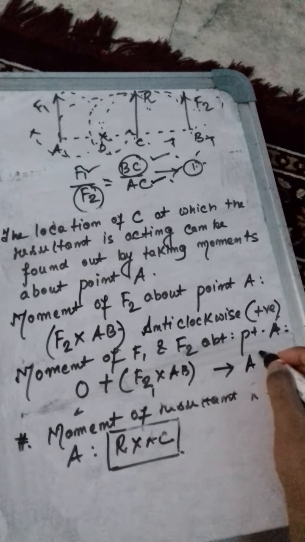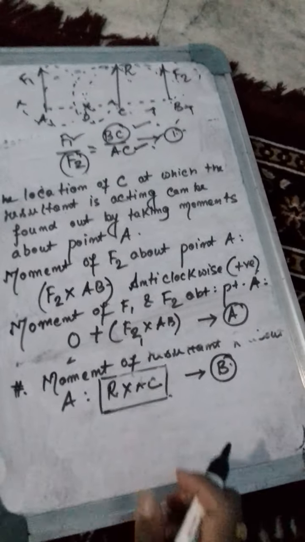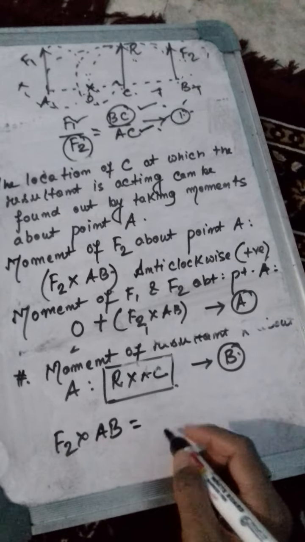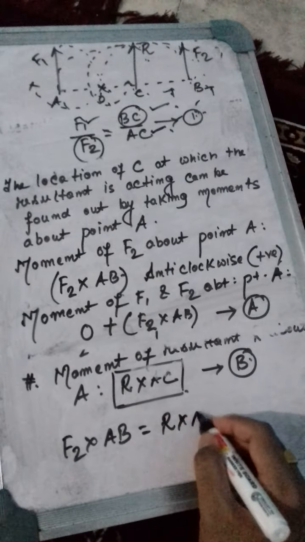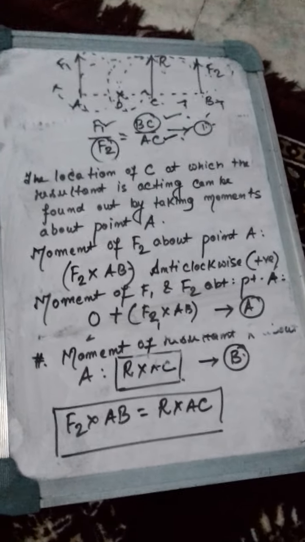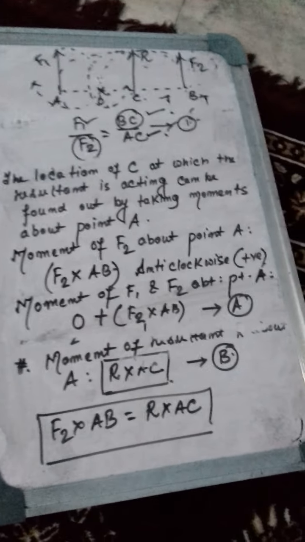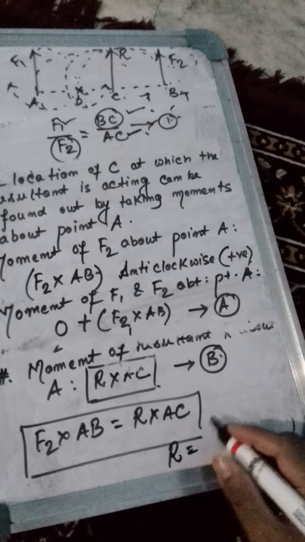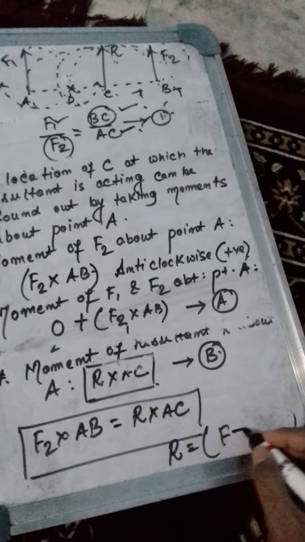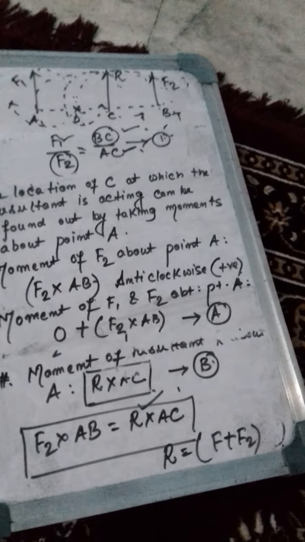Now as per the principle of moments, these two equations should be equal. So we are getting F2 into AB should be equal to R into AC. This is as per the principle of moment. But we know that R is equal to how much? F1 plus F2. R is equal to F1 plus F2.